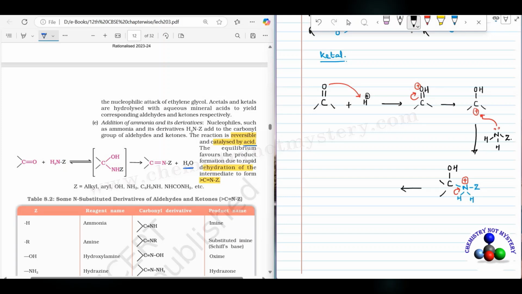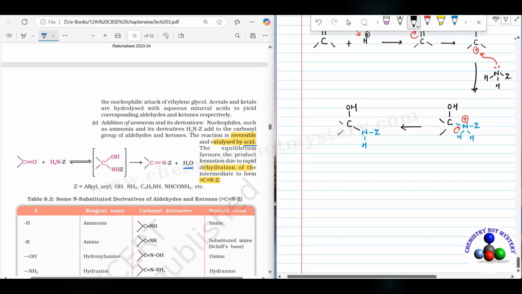So here you will get carbon, there was OH, there were two free valencies. Now this is nitrogen. It is bonded to one of the hydrogens and here it was bonded to Z group. Now again this OH will get protonated in presence of H+.